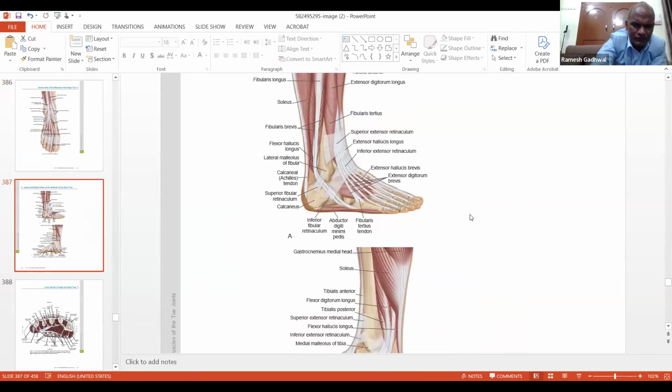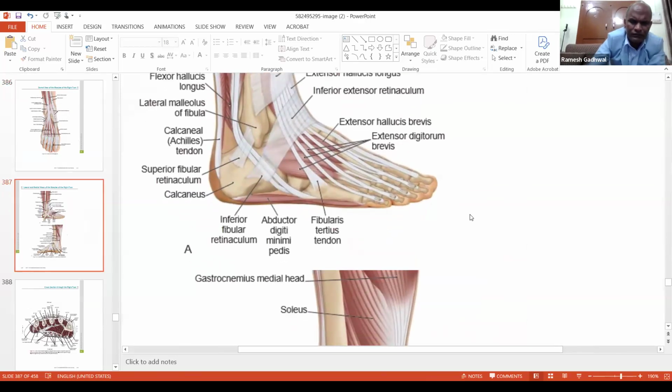So yesterday, someone was asking about plantar fasciitis. Then you see the muscles, abductor digiti minimi pedis, these muscles. Then you see this Achilles tendon.